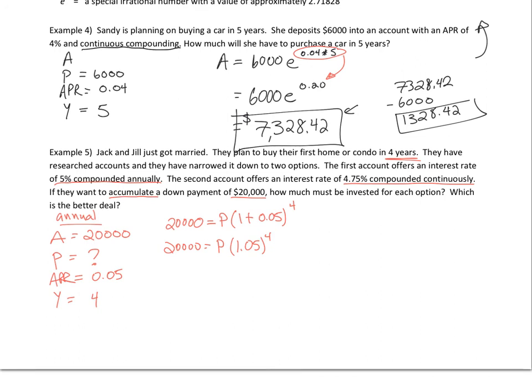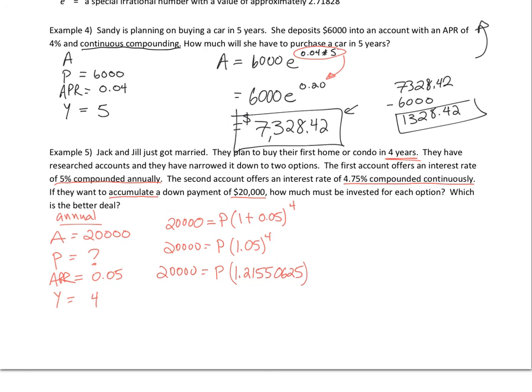Instead, what I want to do then is figure out what is 1.05 to the 4th power equal to? And it is 1.21550625. And you want to go out as far as you can with these decimal places because you want to have an accurate answer.